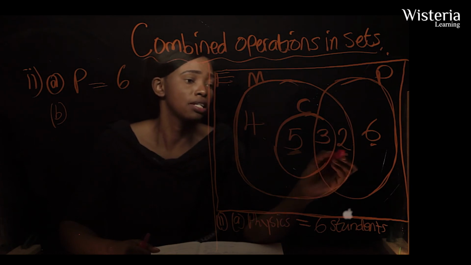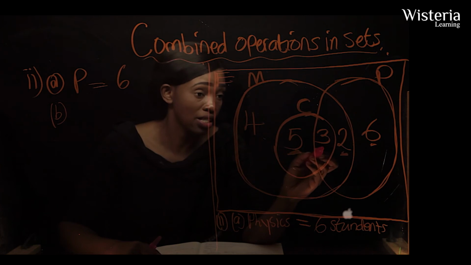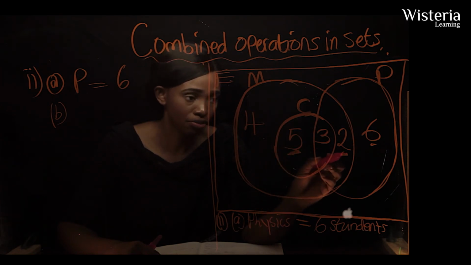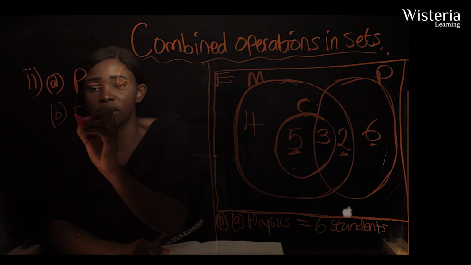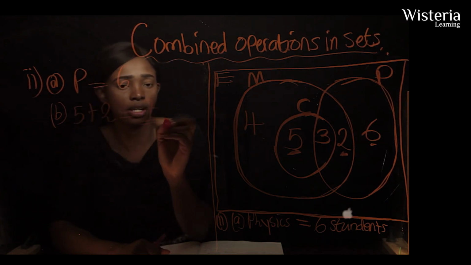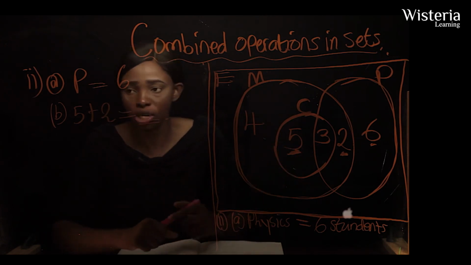These, they study physics and mathematics. 3, they study all the 3 subjects. So we don't want these. We only want those that study 2 subjects only. So we get this 5 plus this 2 here. So we'll get 5 plus 2, which will give us 7. So these are the ones who study 2 subjects only.